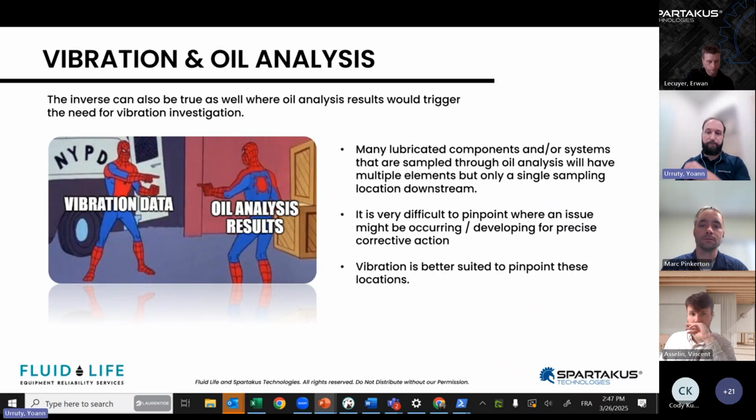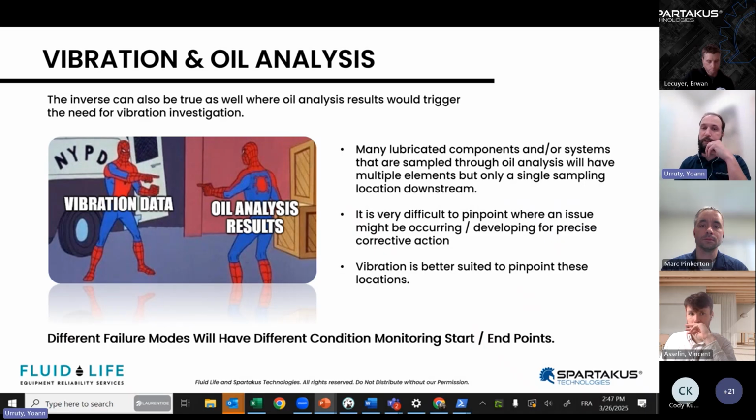One last word before we get to the case study: vibration data can be very sufficient to identify potential problems. So is oil analysis, but most of the time there is something that is lacking, right? That's why having those two technologies working together might be very helpful.